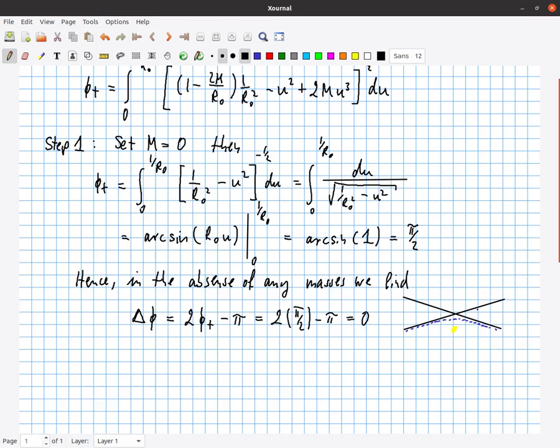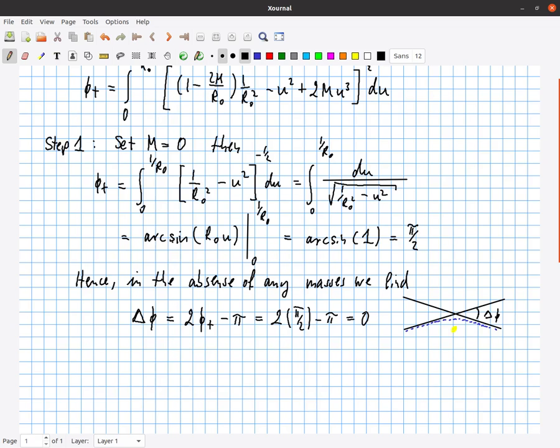And this angle here was precisely delta phi. If you now think about this, if the light does not get deflected by the sun, then it simply travels on this trajectory, which means the second asymptote overlaps with the first asymptote, and this angle delta phi approaches zero. Exactly consistent with our result.